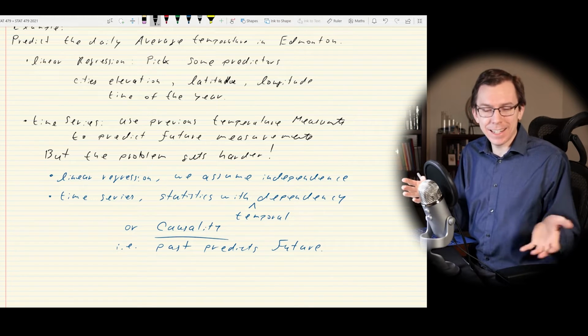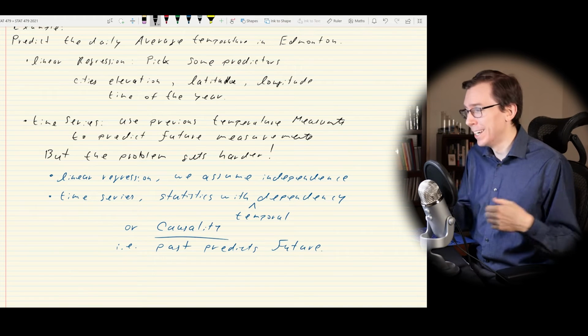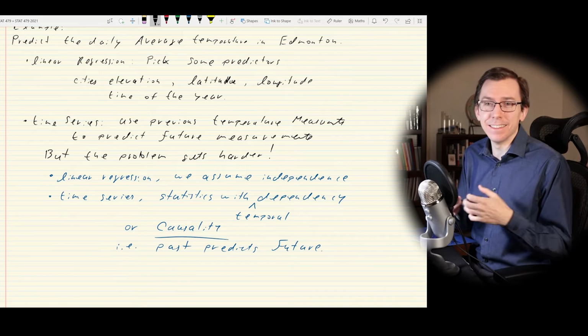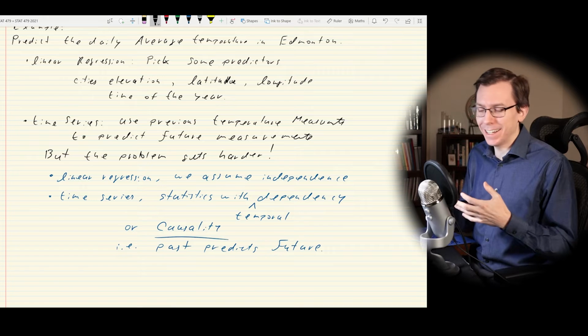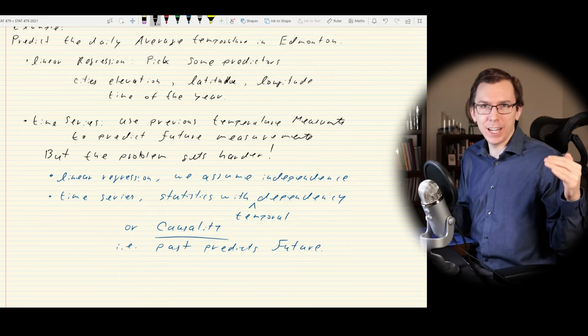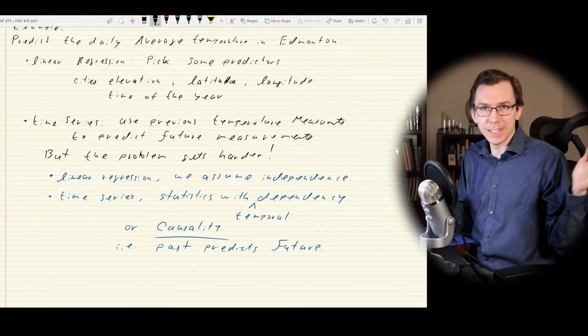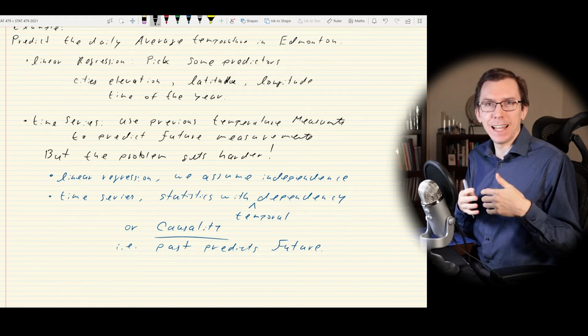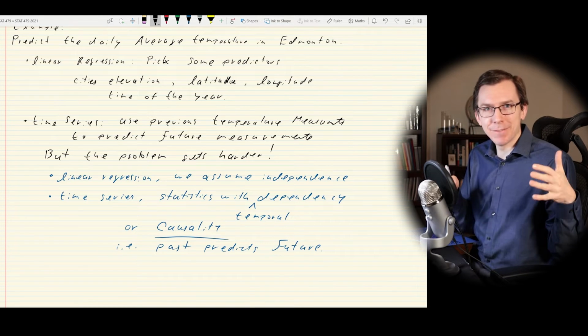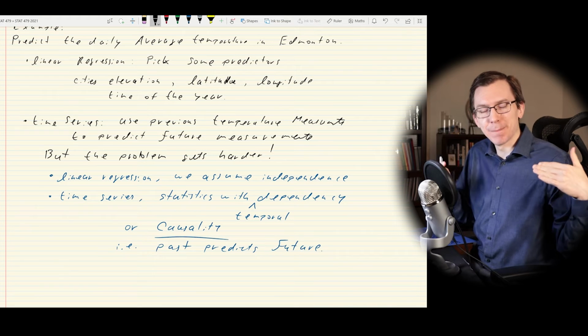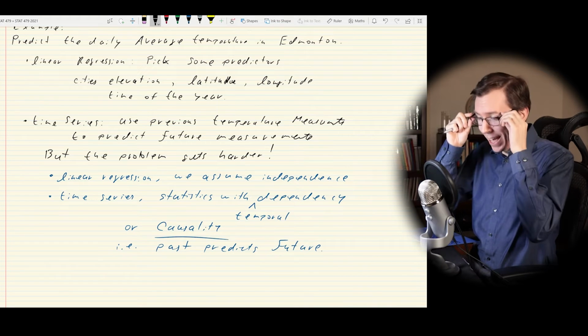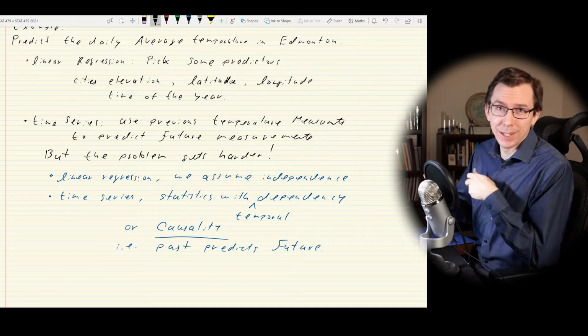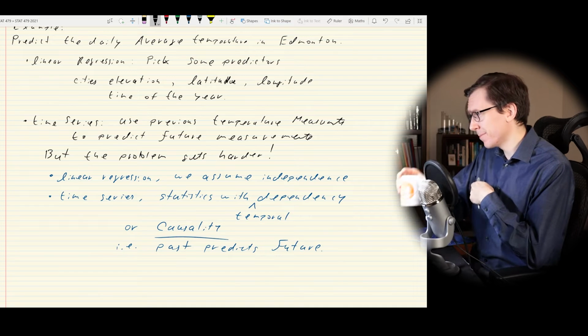The past, every day, it's just a new random temperature. But in this example that I have, that's not the case. We know that temperatures change kind of slowly through the seasons, and therefore we know that the temperatures from the last week are going to give us a lot of evidence to predict what the temperature will be tomorrow. And that's what we have to deal with when we're in the time series context.